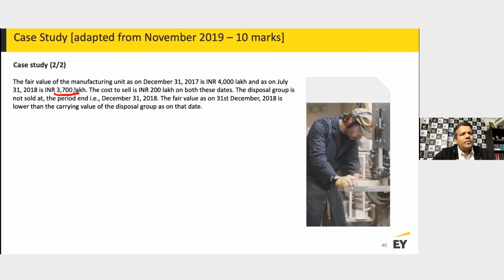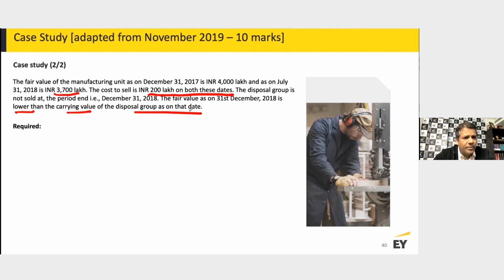The cost to sell is INR 200 lakh on both these dates. The disposal group is not sold at the period end, that is December 31st, 2018. The fair value as on December 31st, 2018 is lower than the carrying value of the disposal group as on that date.